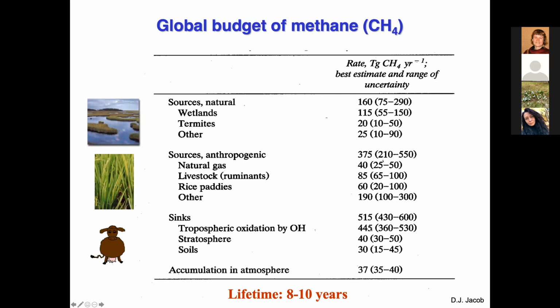So it reacts, whereas CO2 doesn't react at all in the atmosphere. So methane, we have a chance to attack. If, when we talk about geoengineering, you would find some way to increase OH, we could also decrease methane in the troposphere. The lifetime is about 8 to 10 years.